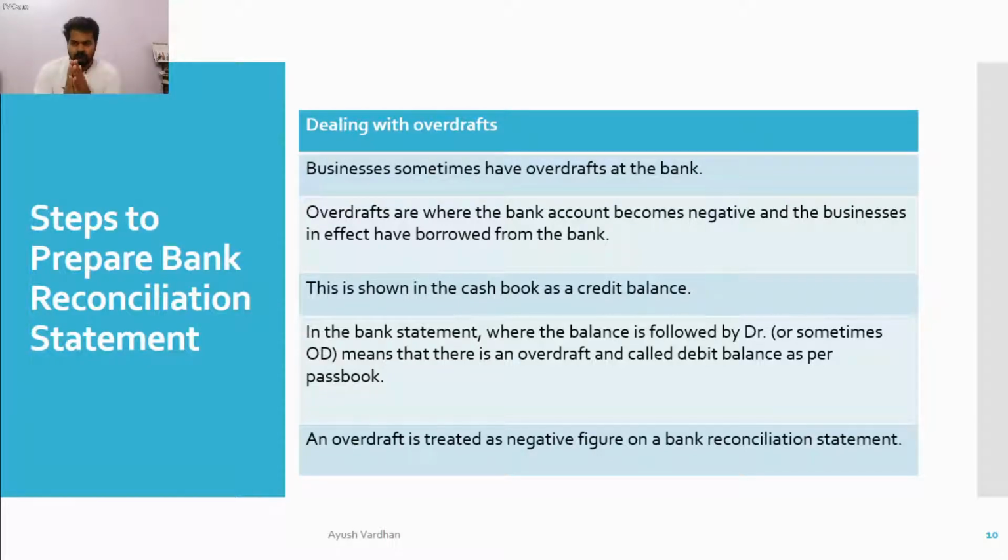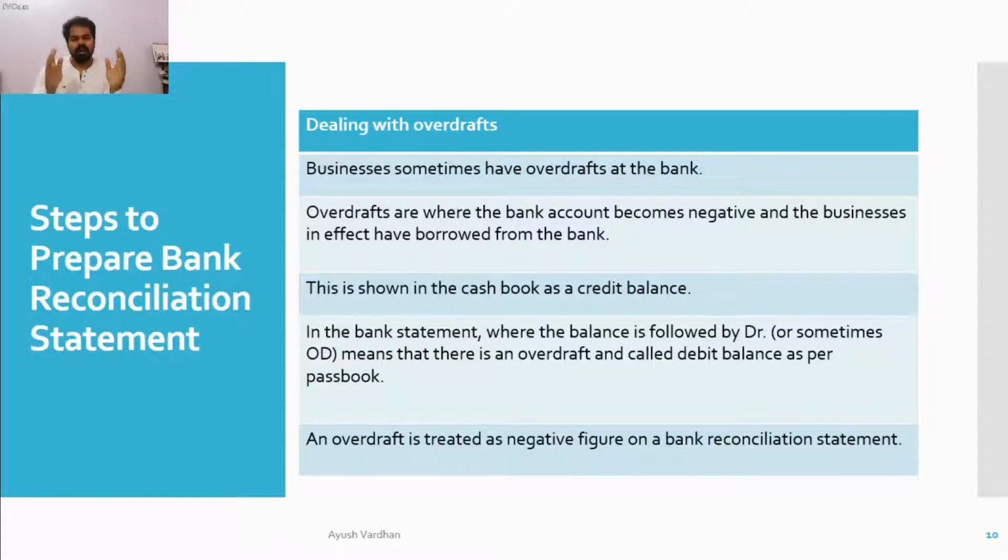Say someone has 10 rupees saving in his bank. But in case of overdraft, he has made a payment of 14 rupees from that 10 rupees. Now he is at negative 4. The amount he or she has in the bank is in negative numbers. So that is overdraft. Okay.